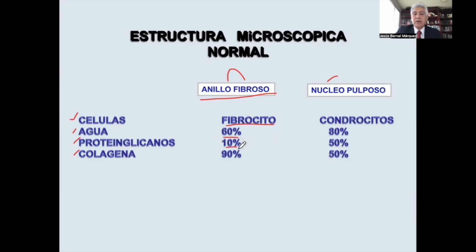But we need a substance that provides enough resistance. That resistance is given by the 90% collagen that the annulus fibrosus has. While in the nucleus pulposus, instead of fibrocytes, we have a few chondrocytes. It's not a large amount, but what is relevant is the 80% water contained in the nucleus pulposus.